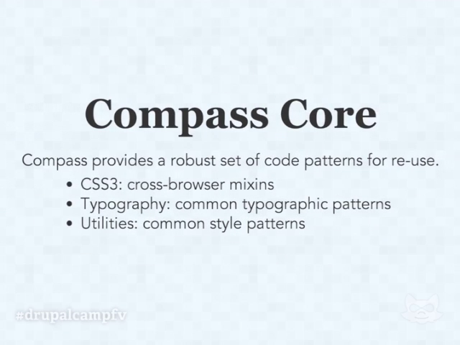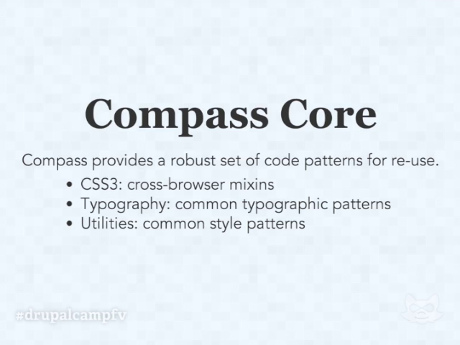Compass Core, or Compass, the project itself, provides just a robust set of code patterns that you can reuse in your projects. It's a lot of general use case things like applying a border radius to something, or generating a CSS-based gradient. It has a large section of typography utilities that are both powerful and overwhelming.